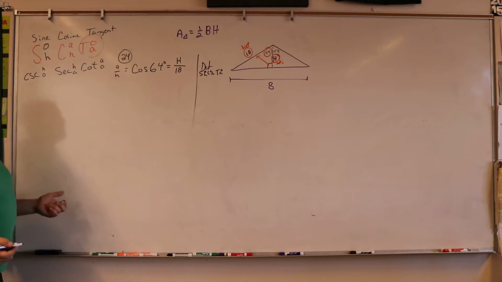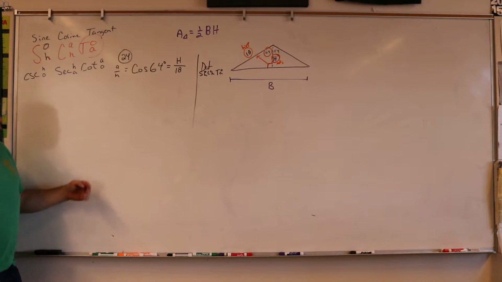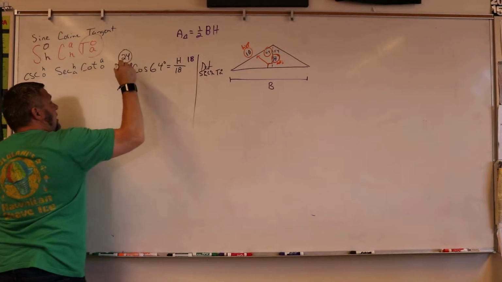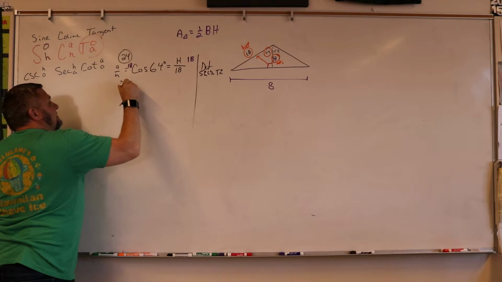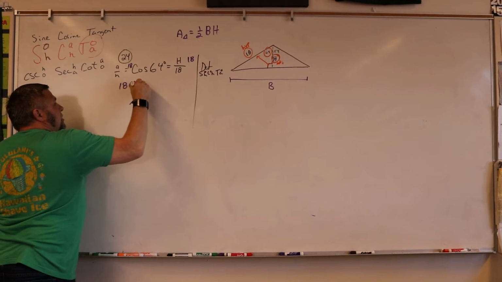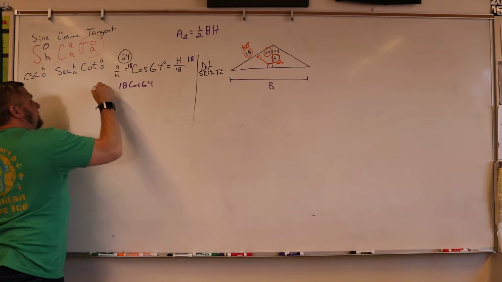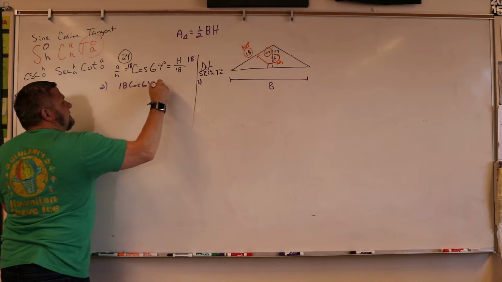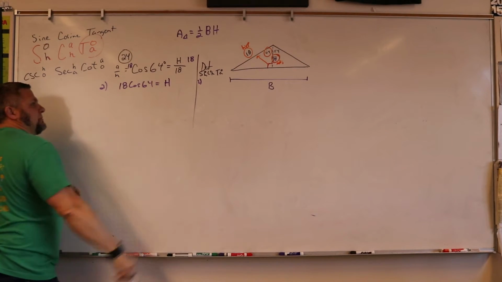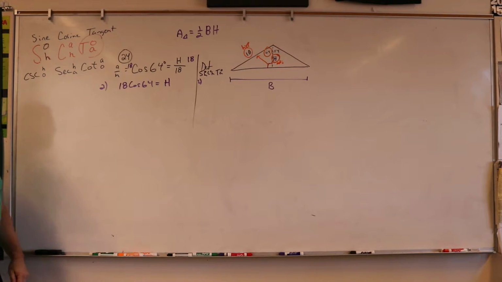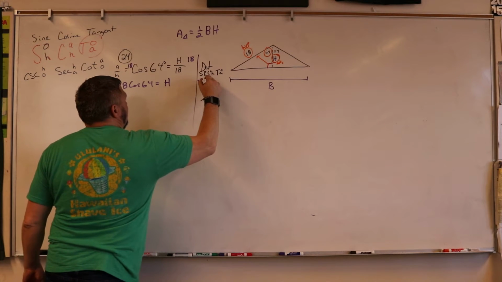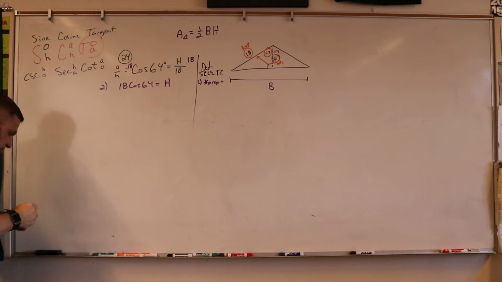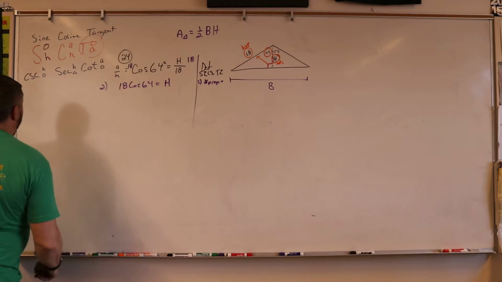Next, we're going to get H alone. Multiply by 18. Alright? And so I get 18 cosine 64. So this is step 2. Okay? It is equal to H. Okay? And that is multiplication property of equality. Alright. And then we simplify.